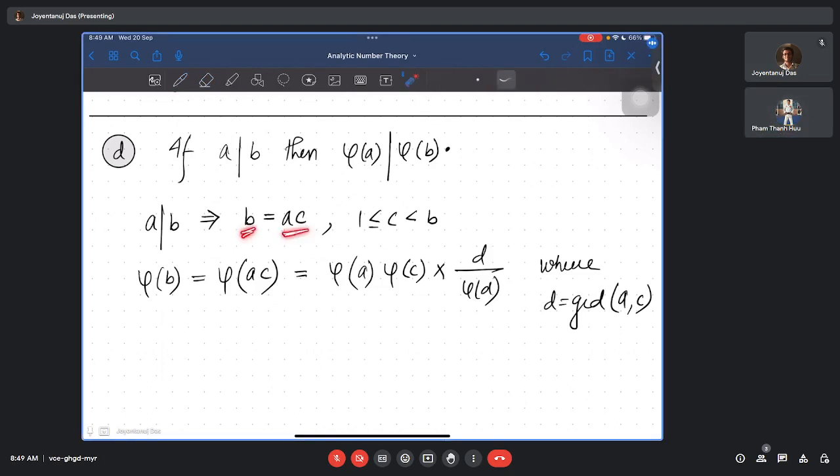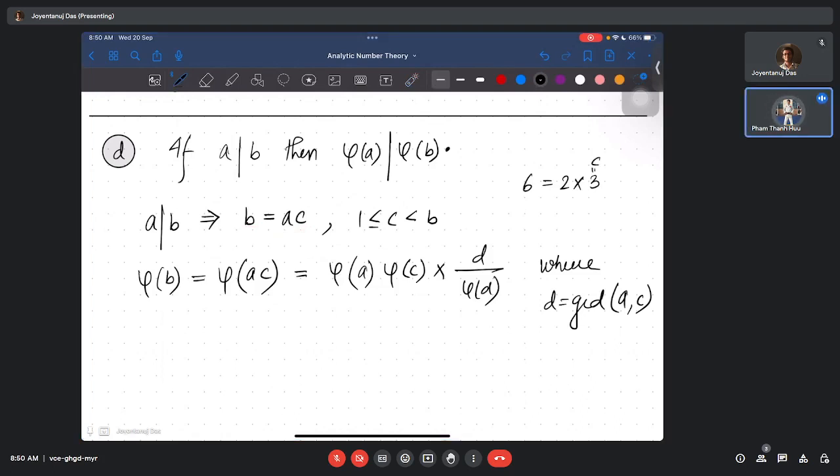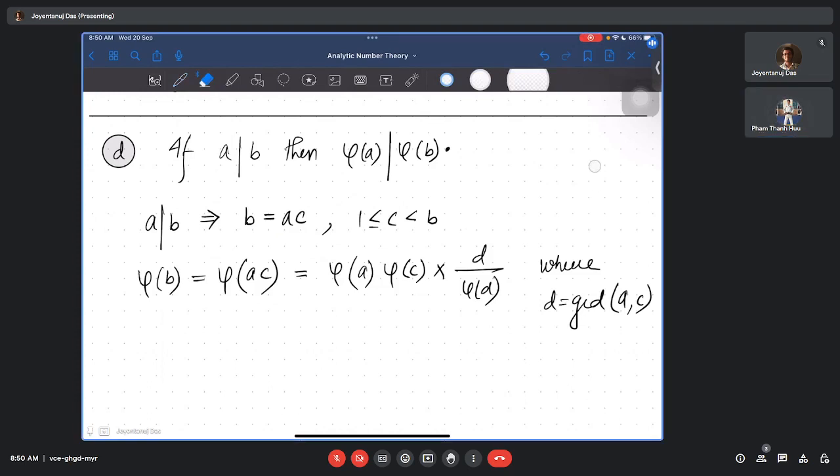Because the product is B. For example, if you take B equals 6, then it's 2 times 3, so C can be 3. It can be more than A. C has to be less than B, that is fine. Less than A you cannot say, because it can be bigger than A, right?